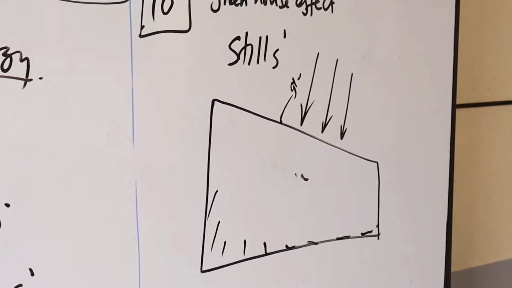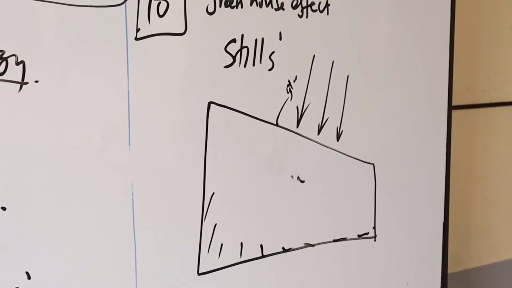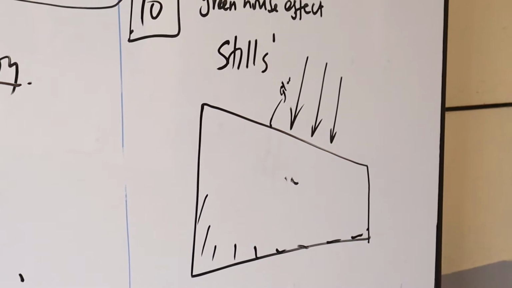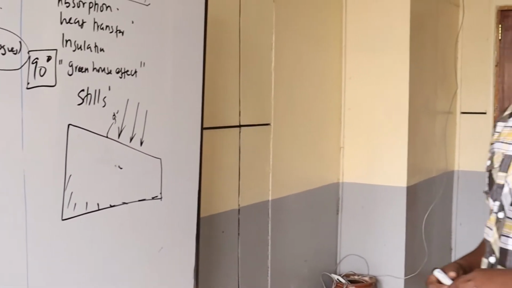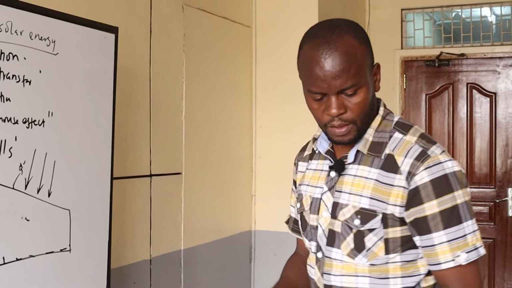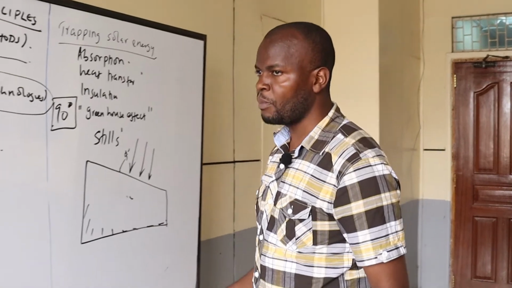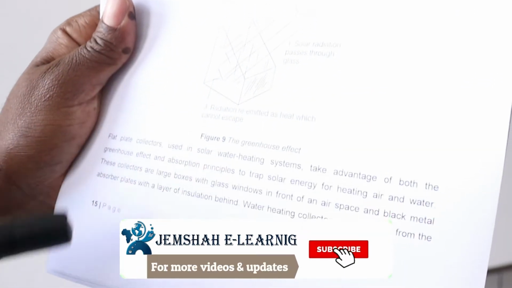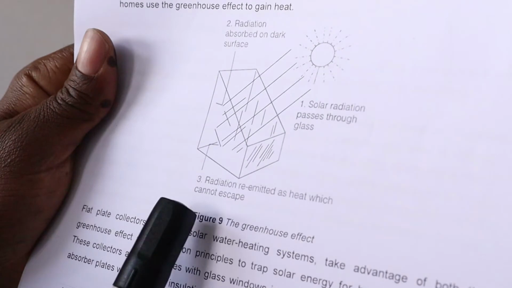This can be used by applications like solar box cookers, solar dryers, solar stills, and solar heated homes. All of these can use what we refer to as the greenhouse effect. If you want, we can look at the diagram of the greenhouse effect. The radiation is emitted as heat which cannot escape.